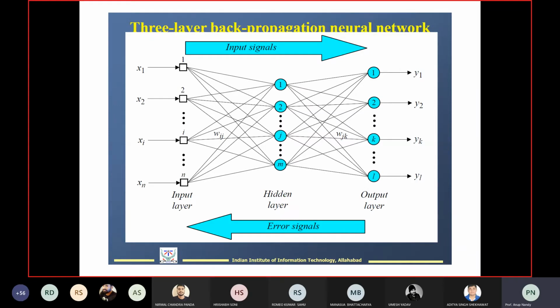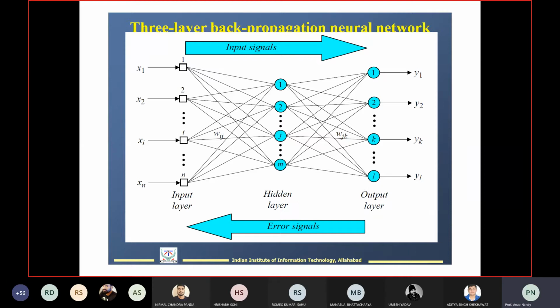After this, you need to make it converge. Because there is a chance that whenever you apply the gradient descent algorithm, propagating the error back in the backward direction, you can get stuck in a local minimum.